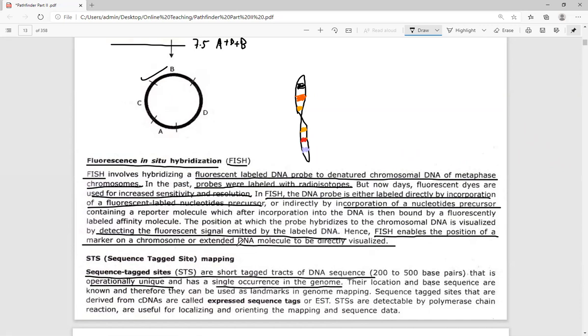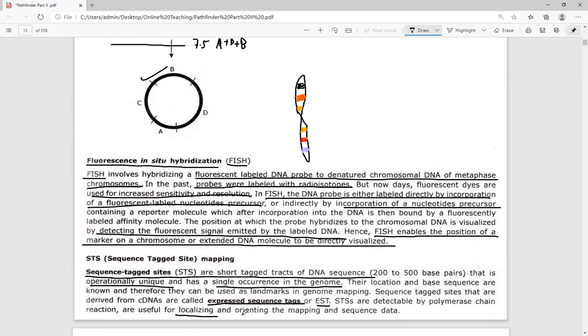So there are certain sites which occur only once in our entire genome, and those are referred to as EST sequences, also called expressed sequence tags. STS are detectable by polymerase chain reaction and are useful for localizing and orienting the mapping and sequencing of the data.